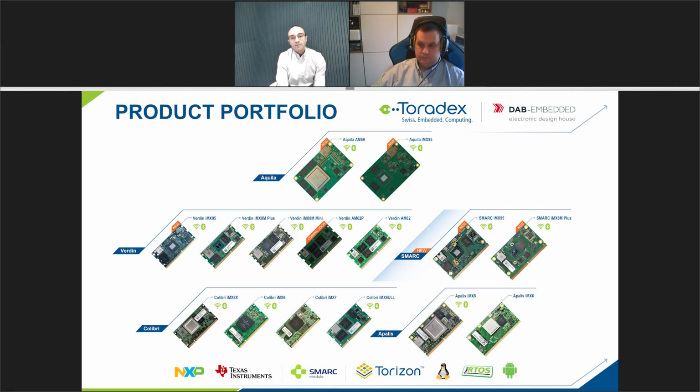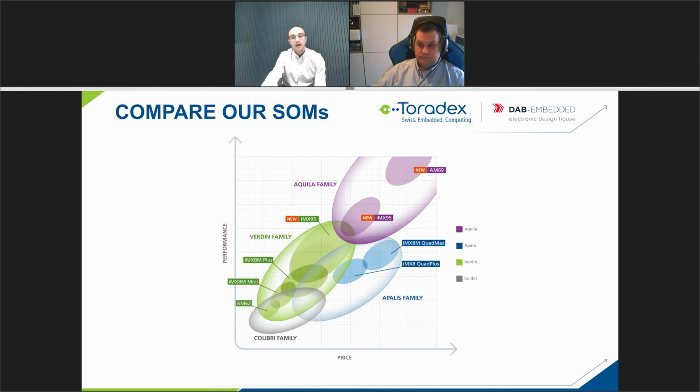But we are mostly known for our system on modules. Here you can see an overview of all the different families. As you probably know, the SOMs are pin compatible within the family, and within these families there's a lot of variety. You can go from very high performance to very low performance, and so lower price. So you have the whole range of possibilities, as we outline over here.